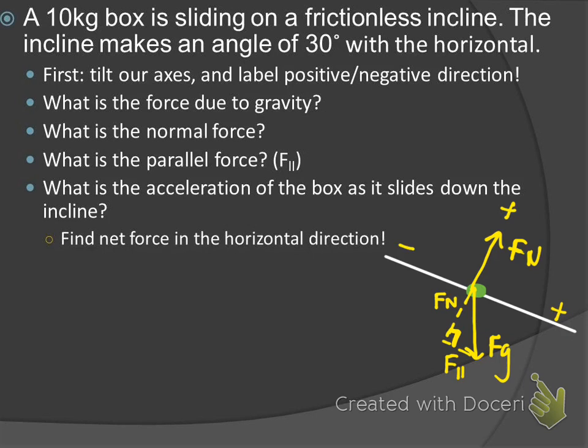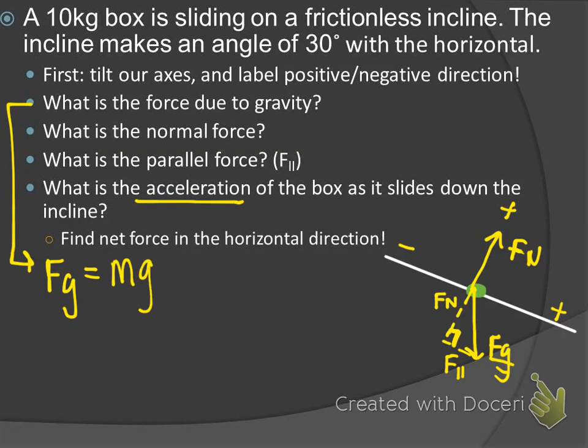So overall, with our goal in mind to find the horizontal acceleration of the box, we're going to walk through these steps that it takes for us to get there. First and foremost, we have to find F sub g, our force due to gravity. To find that, we always take mass times gravity. The mass was given to us at 10 kilograms times 9.8 is going to be 98 newtons.